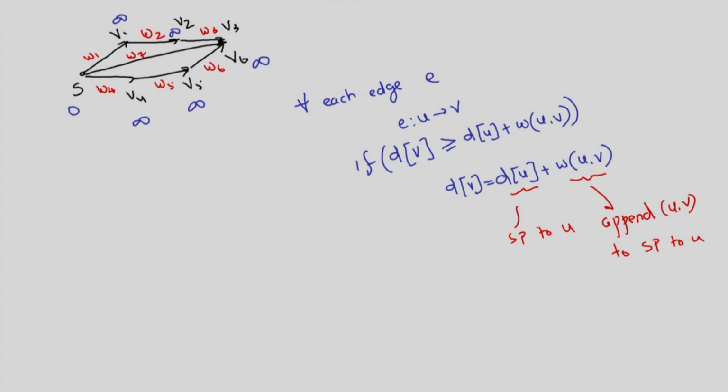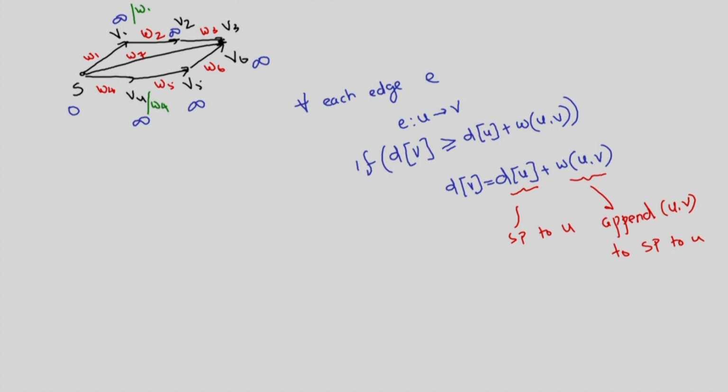How many times will you have to do this? Well, when you start the iterations, initially you determine that for V1 and V4, that is the edges W1 and W4, you are able to update the weights for V1 and V4 to W1 and W4 respectively. However, for all the other vertices other than the source, in the first iteration over all the edges there is nothing to update.